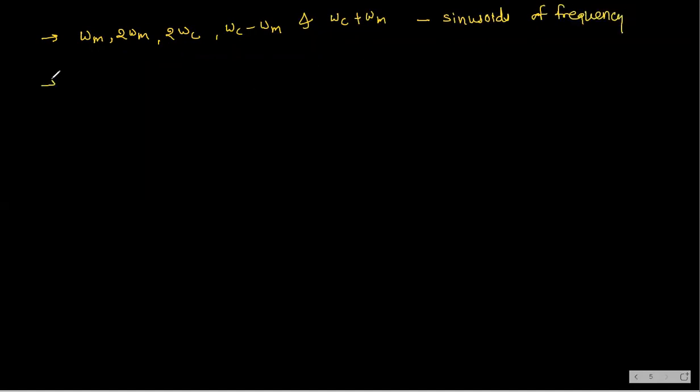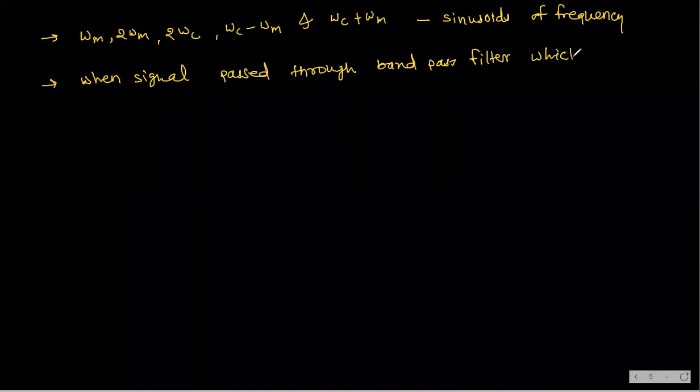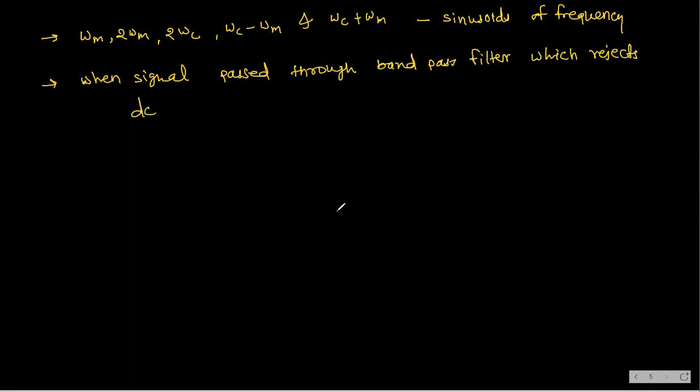Okay. And when signal is passed through band pass filter, which rejects DC, rejects DC means this part.